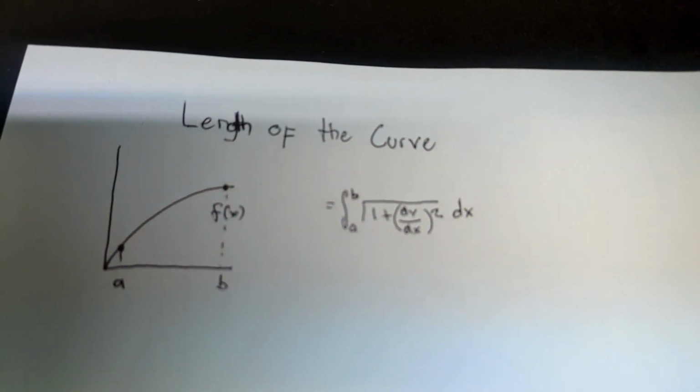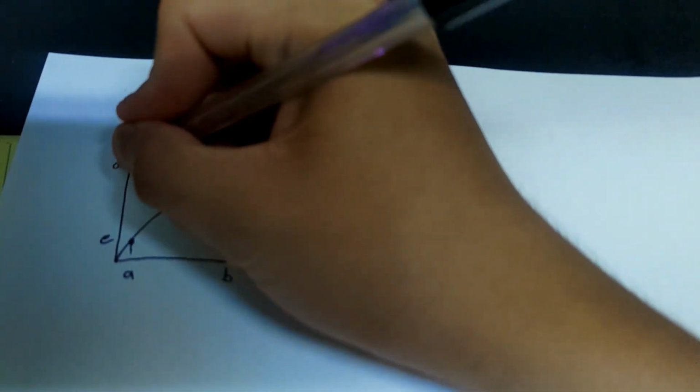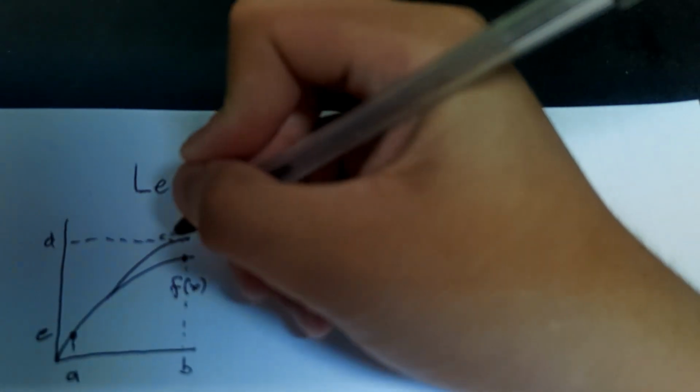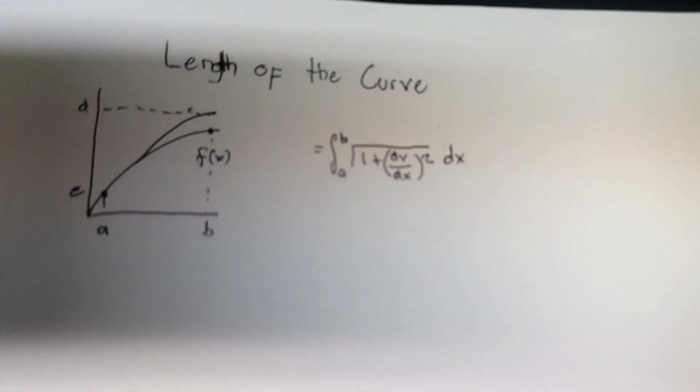Okay, so how about if we find our c to d? For example, for a curve over here like this, what formula are we using?